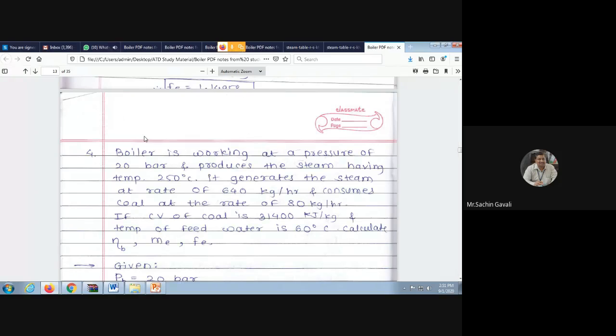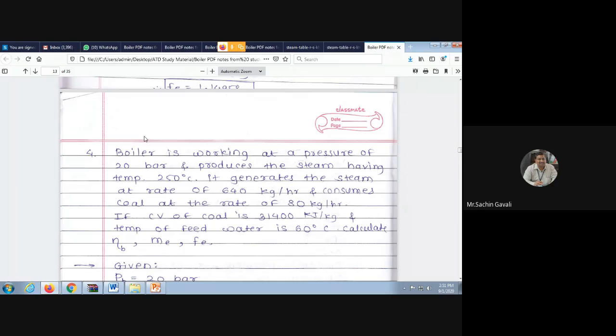Now steam is wet or dry, what steam? Kunal, steam is? Dry, sir. Dry steam. Steam is? Dry. Superheated.